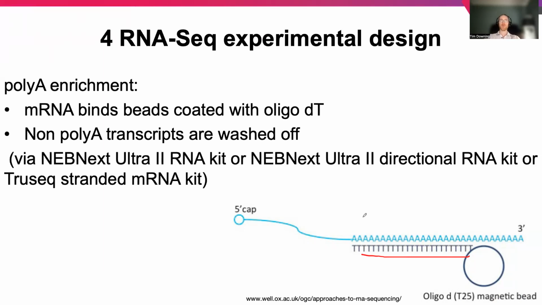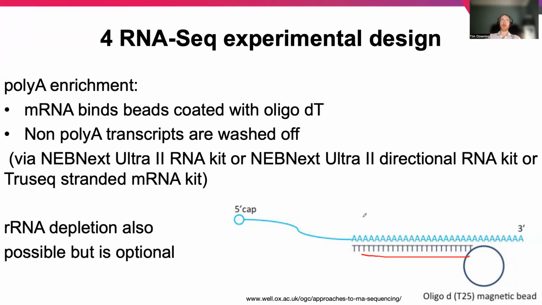For prep, we typically use one of these kits: the New England Biolabs NEBNext Ultra RNA kit, the NEBNext Ultra Directional RNA kit, or the Illumina TruSeq Stranded RNA kit. This is a major preference, and ribosomal RNA depletion may also be possible, but is not essential if this is done already.